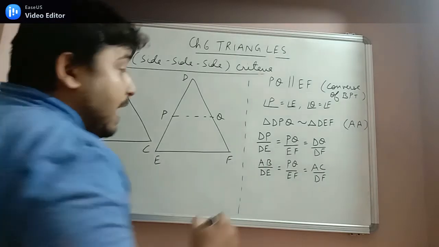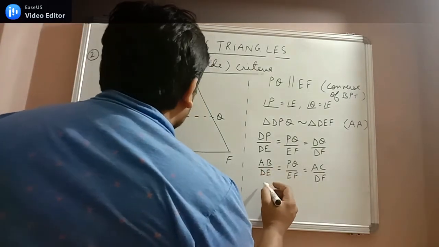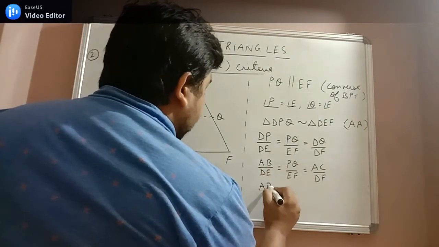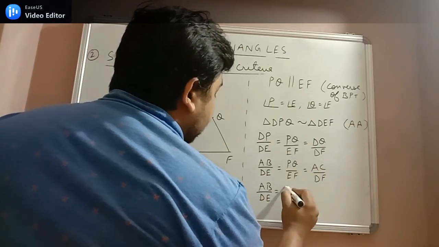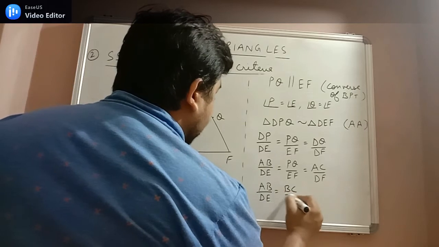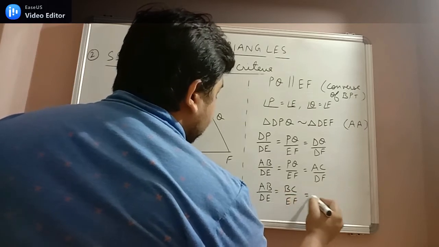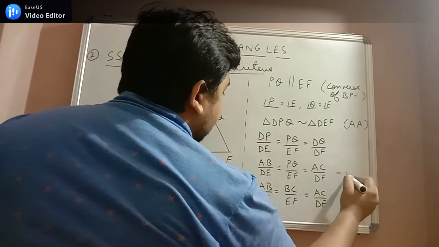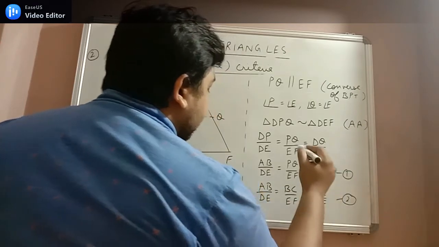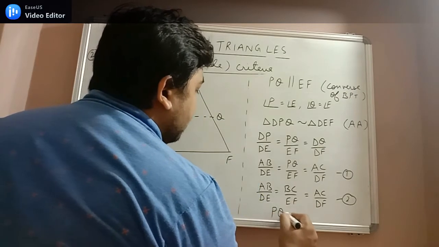But we also have AB upon DE equals to BC upon EF equals to AC upon DF. So from 1 and 2, I can simply say that PQ is equals to BC.